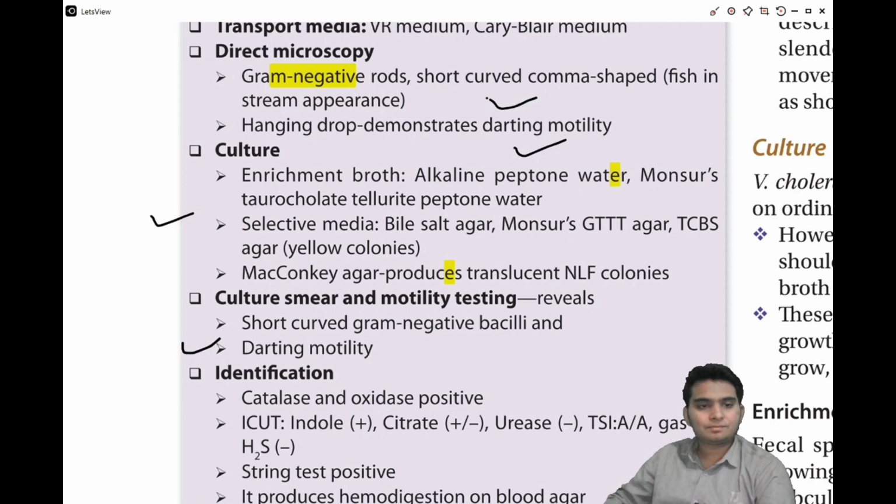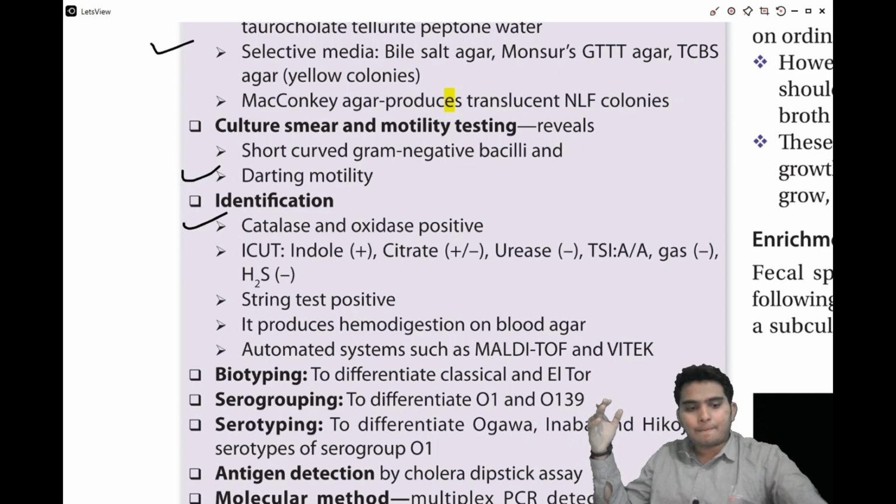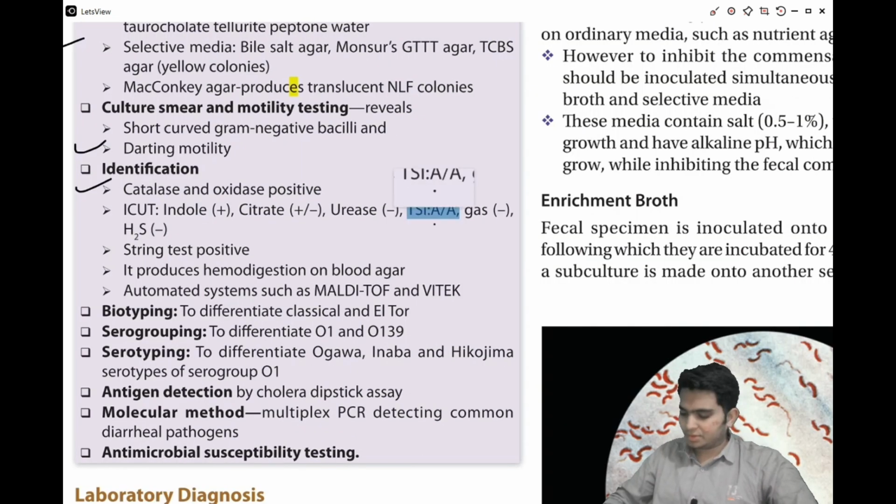Now the identification is catalase and oxidase positive, indole test positive, citrate may be positive and can be negative also, urease negative, triple sugar iron is acid, gas negative, H2S negative. It is a sucrose fermenter.